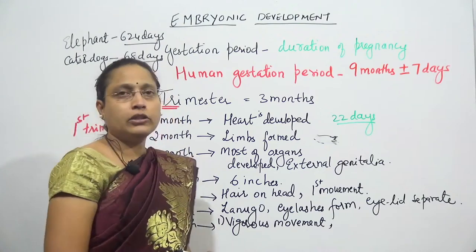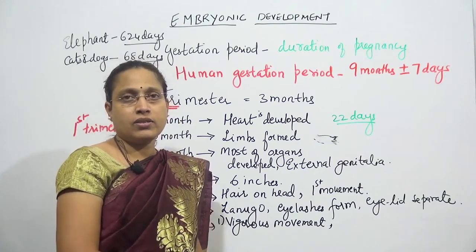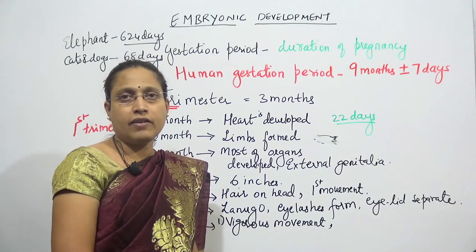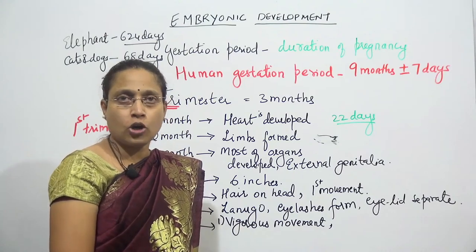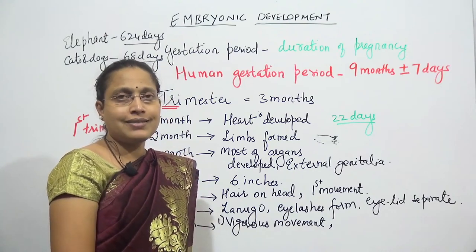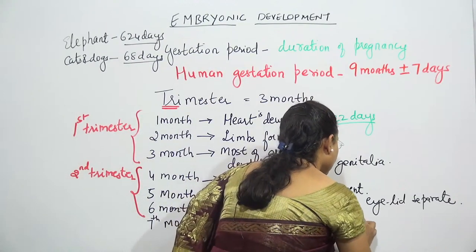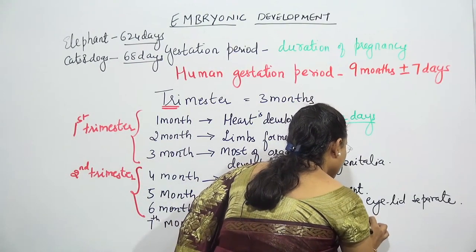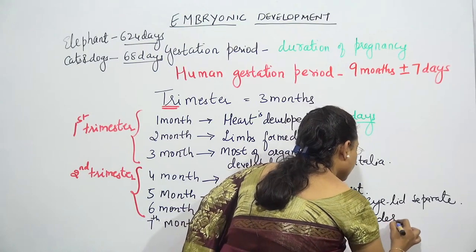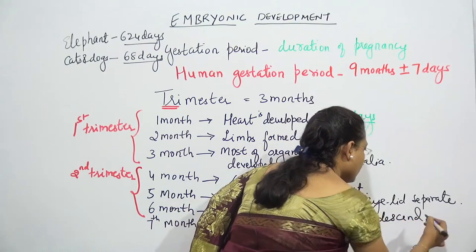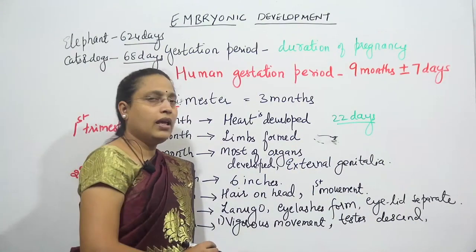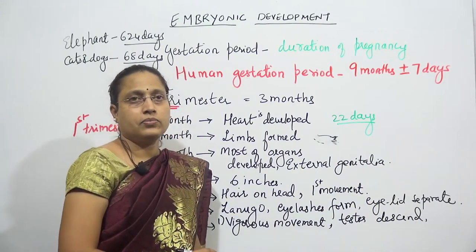And in the seventh month also, in the male reproductive system, the testis will descend from the abdomen to the scrotum. That is called descent of the testis.